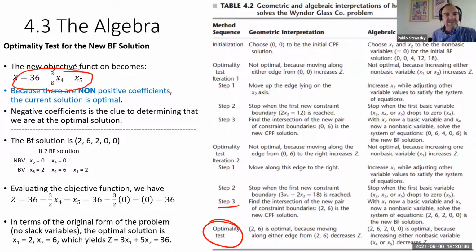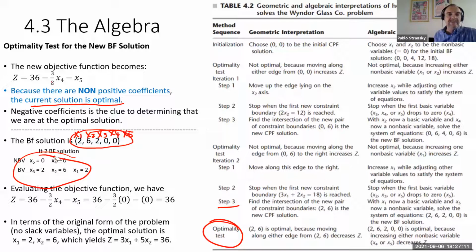Now, because there are no positive coefficients, that means this current solution is the optimal solution, okay? For the BF solution, it's (2, 6, 2, 0, 0), for x1, x2, x3, x4, and x5, okay? And that's exactly the numbers that we have for that second iteration.